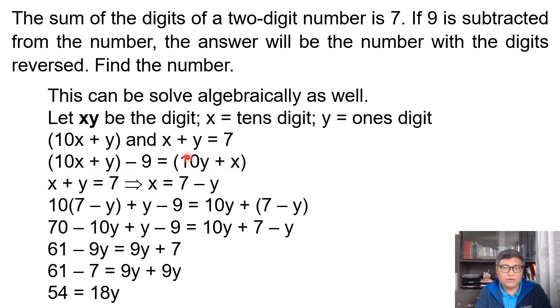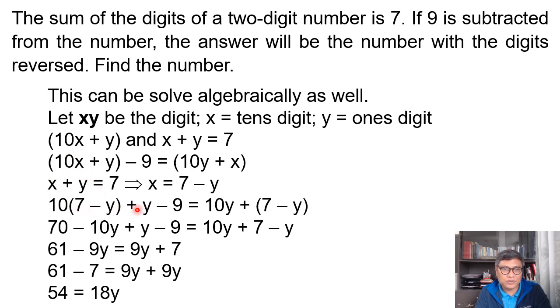So I know that the other equation is x plus y equals 7. Then I can isolate the variable x or the variable y. So I will be isolating the variable x so that x equals 7 minus y. Then I will be substituting 7 minus y for the x here. Because remember, 10x.